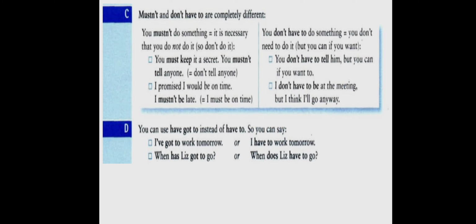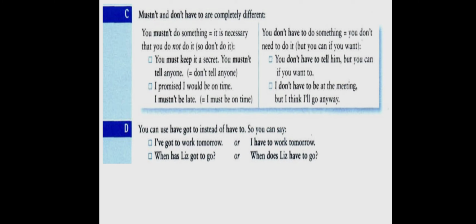So don't do it means there is obligation not to do it. So for example, you must keep it a secret. You mustn't tell anyone. There is obligation not to tell anyone.